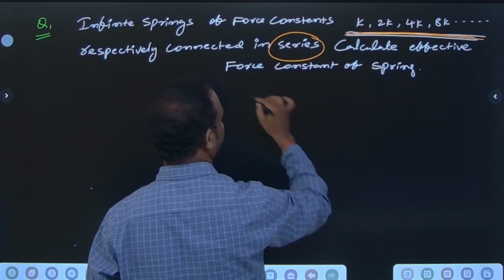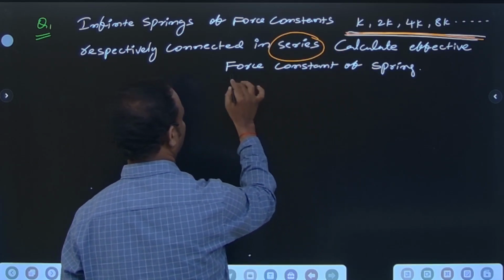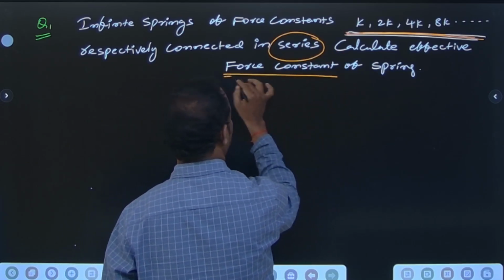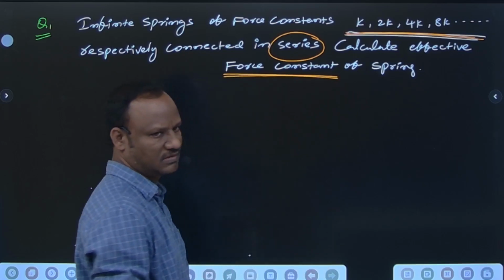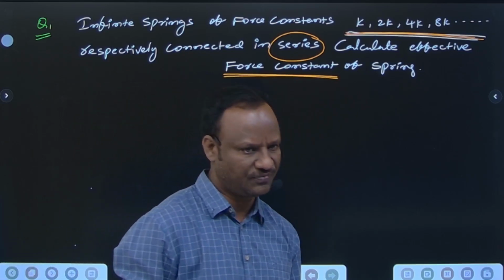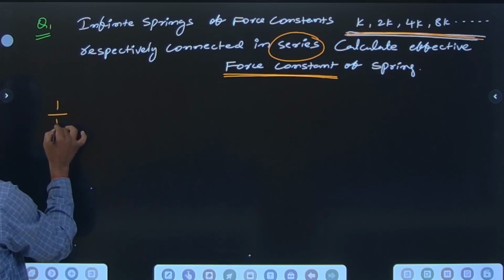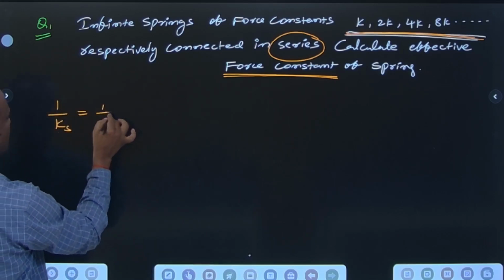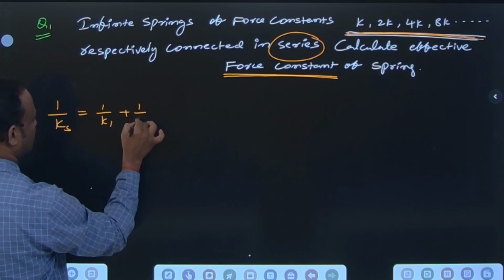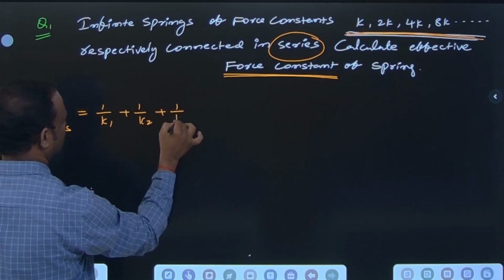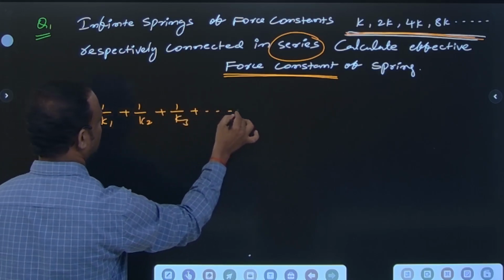I'm asking the equivalent spring constant, the force constant. Force constant means spring constant only, stiffness only, no? So we need to write the formula: 1 by Ks is equal to 1 by K1 plus 1 by K2 plus 1 by K3 plus so on.